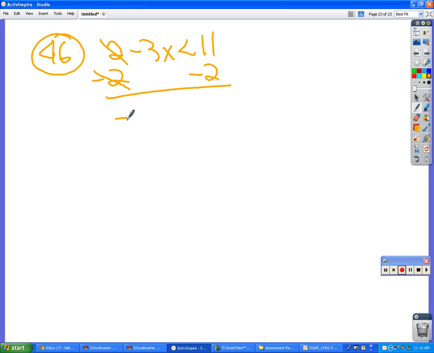Remember the negative sign stays with the 3x. 11 minus 2 is 9. Okay, divide by negative 3. Good, so since I'm dividing by a negative number, my final answer is not x is less than negative 3. So flip that around and say x is greater than negative 3. So just make sure you remember that little piece.